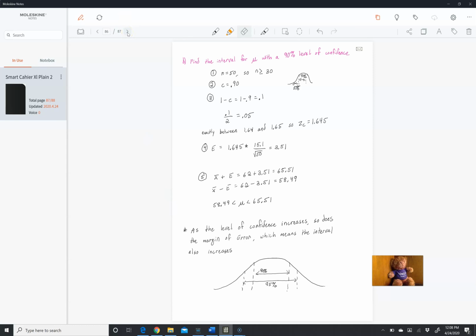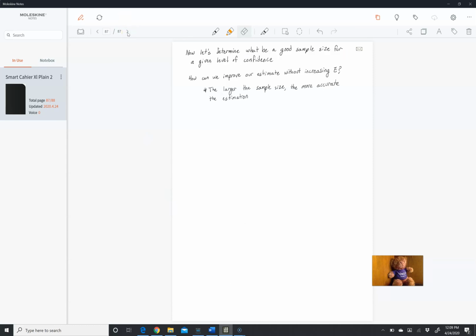So we want the ideal sample size. We want the smallest sample that would allow us to have that confidence level. So how do we do this? It's really simple. We just take the margin of error formula and solve for n, because now n is going to be our unknown.